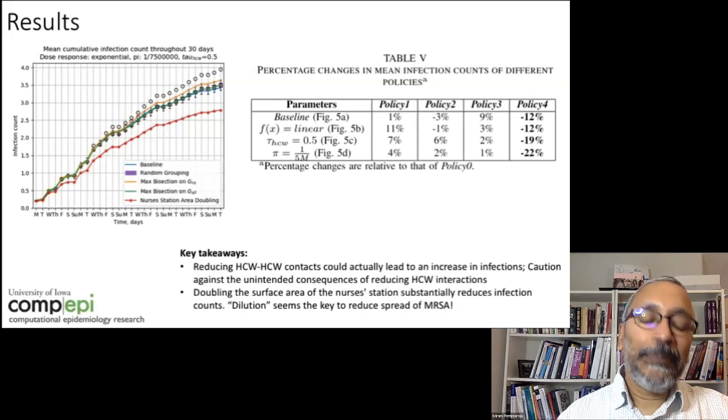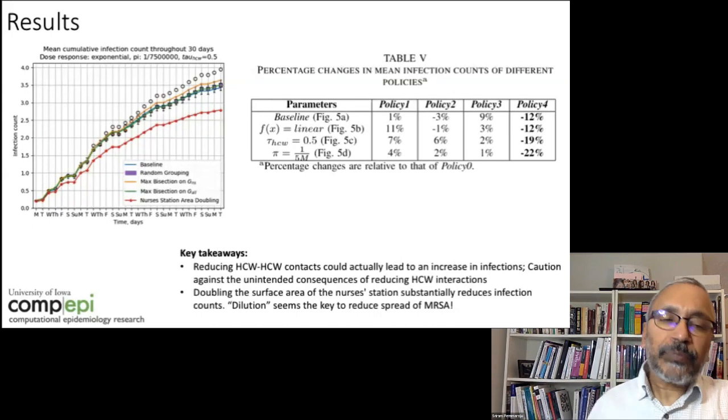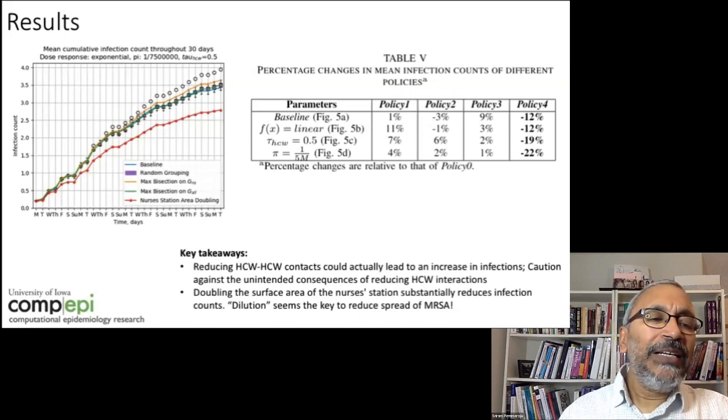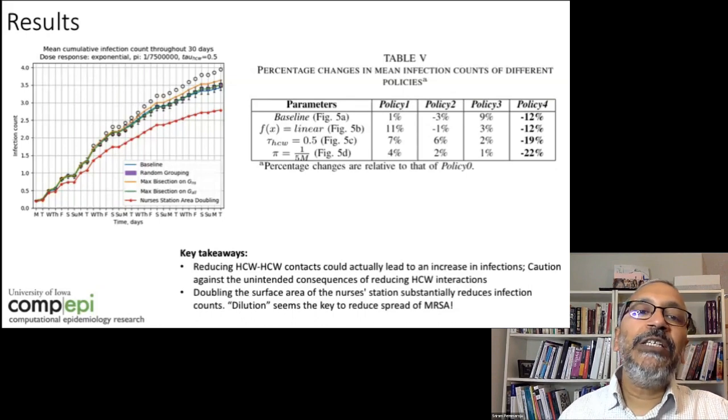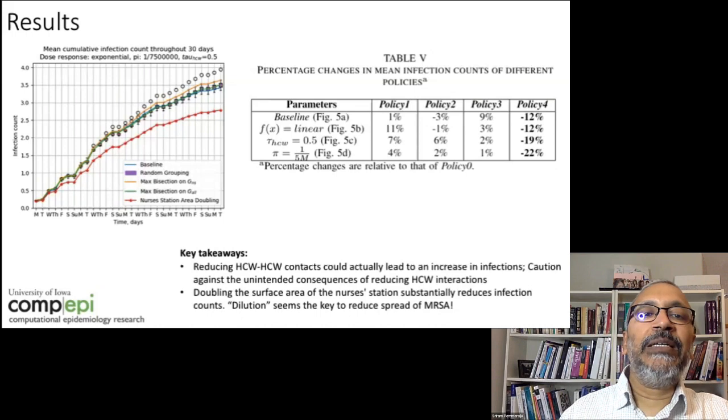And I guess this emphasized the importance of the model itself in leading us to these kinds of findings. If we had not modeled MRSA in this particular way, we might not have reached these conclusions. So that's one of the takeaways we had from this study.